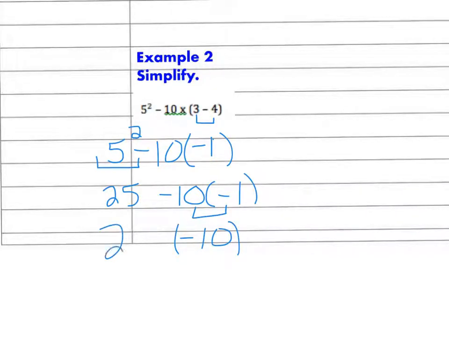And we still have to do 25 minus -10. Here we can see that we are subtracting a negative. So instead of thinking of this as 25 minus -10, I can do 25 plus the opposite of -10, which is +10. So what we really end up with is 25 plus 10, which is 35.